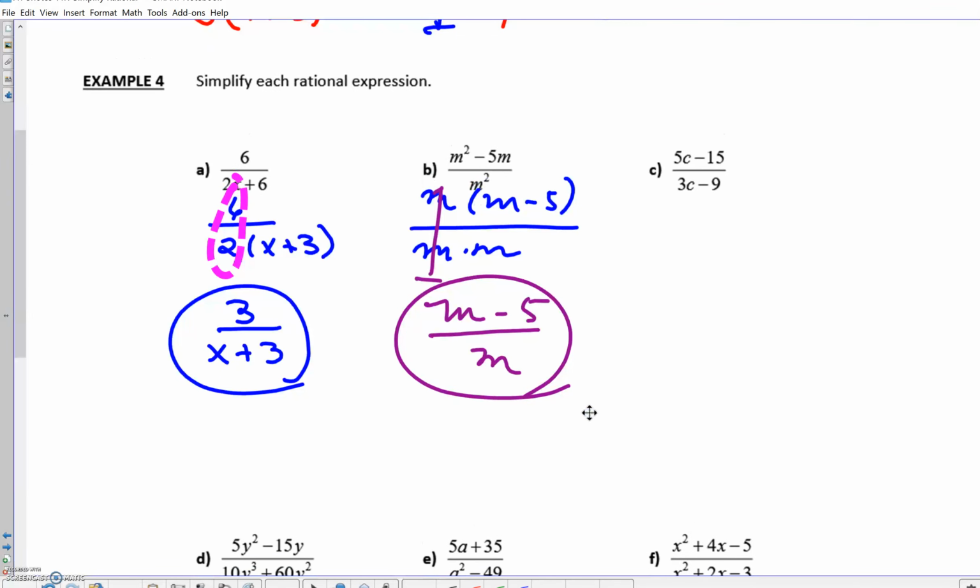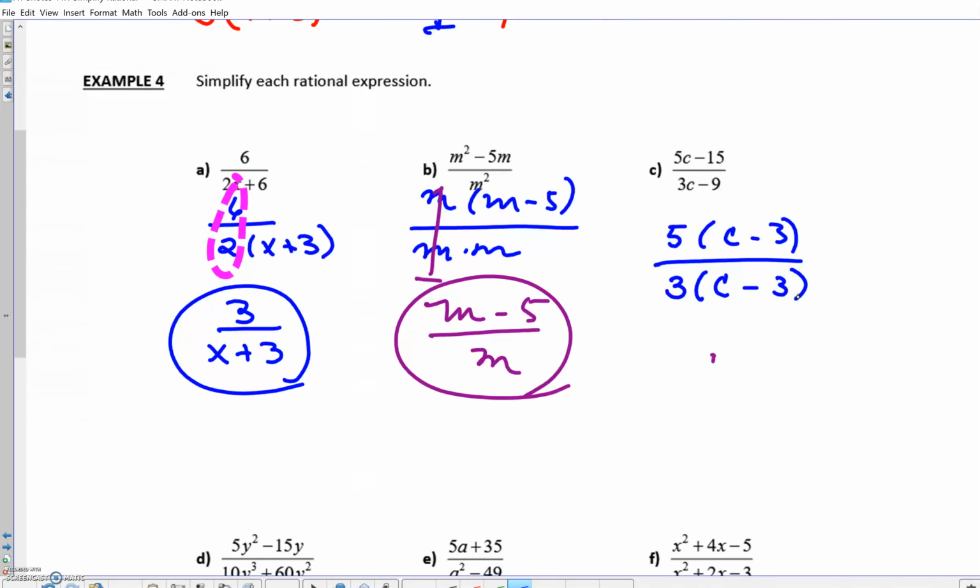So then D, I have 5c minus 15, so 5 factors out, leaves me with c minus 3, divided by the denominator, 3 factors out, and leaves me with c minus 3.